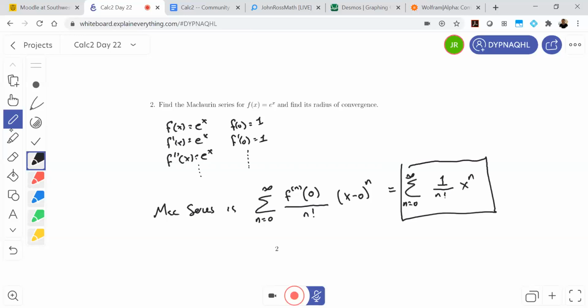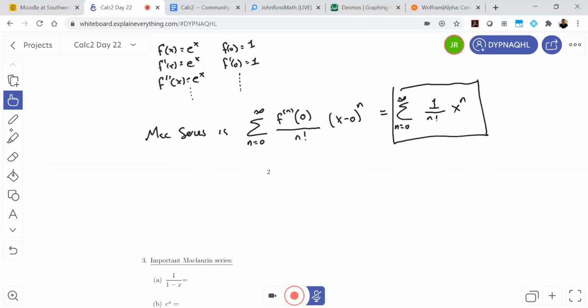But this is also a power series. A power series has the form coefficient out front times x minus a to the n, in this case, just x minus 0 to the n. So this is a power series. Power series have radii of convergence and intervals of convergence. And we could ask ourselves, what is the interval of convergence for this?